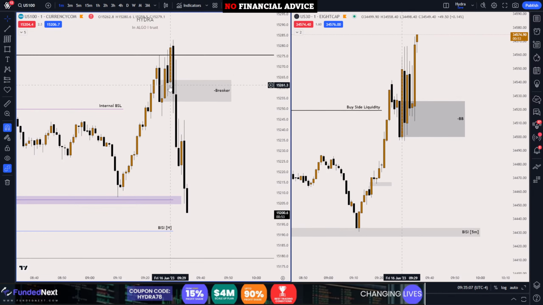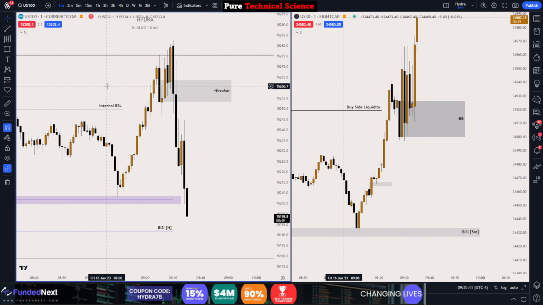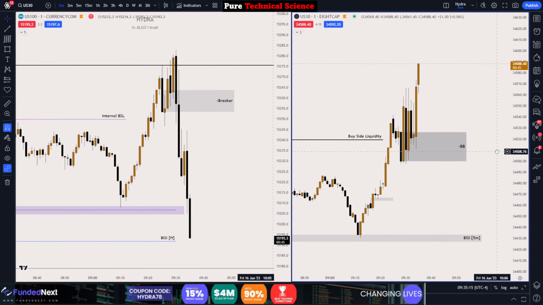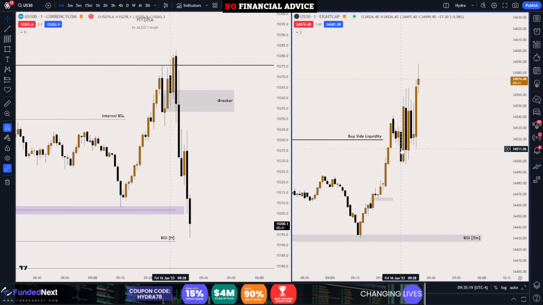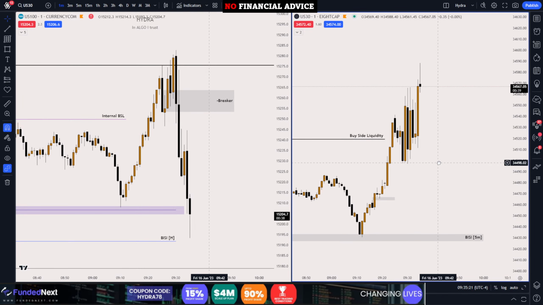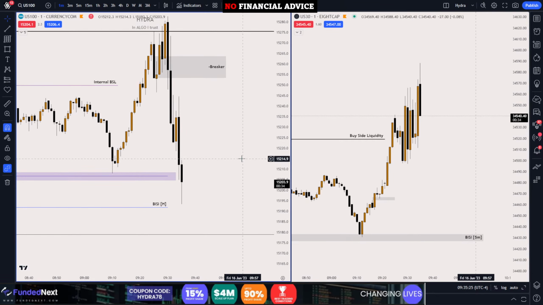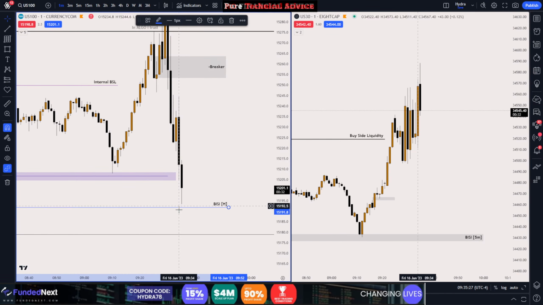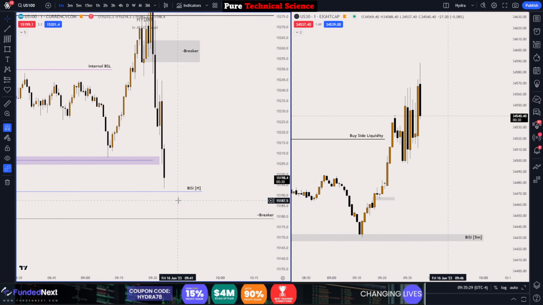I gained experience from this trade here, and I have a lot of experience like this. That's why I know that I should not push the button today. So this breaker block failed. Price didn't even close any candle body below this breaker. So I want to see price hitting this BC.